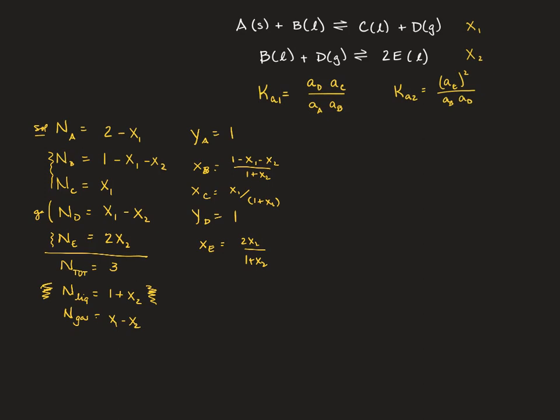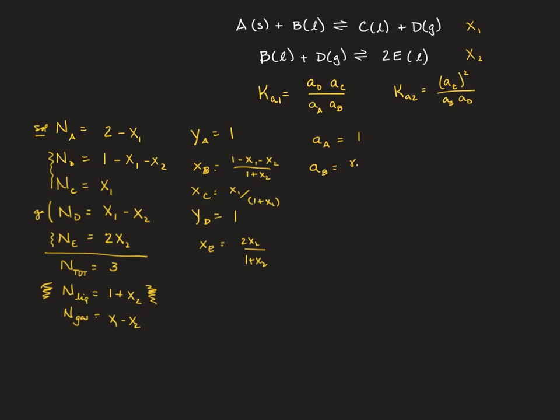But of course, what's really required is activity. So activity of a solid, so component A, is always 1. Activity for a liquid is going to be the X times the activity coefficient.